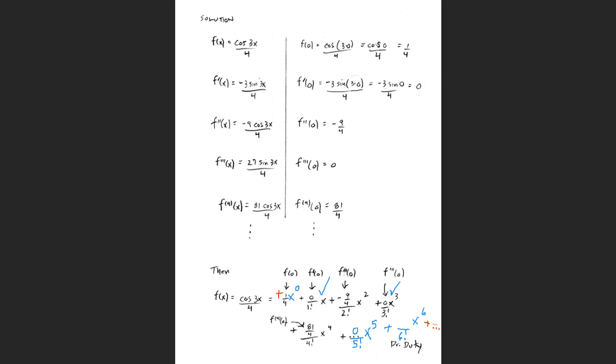First term was positive. Next non-zero term was negative. Next non-zero term was positive. So that means this next term should be, what do you think, positive or negative? Should be negative. That's right.